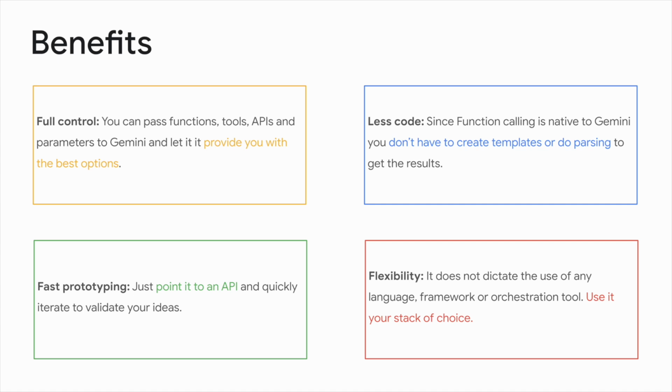So I'm moving a little bit quickly, but I want to talk about the benefits and the things that I found quite interesting. The first part is that we have full control, right? You have full control over the functions that you want to submit. You have full control of how those responses are going to be utilized.